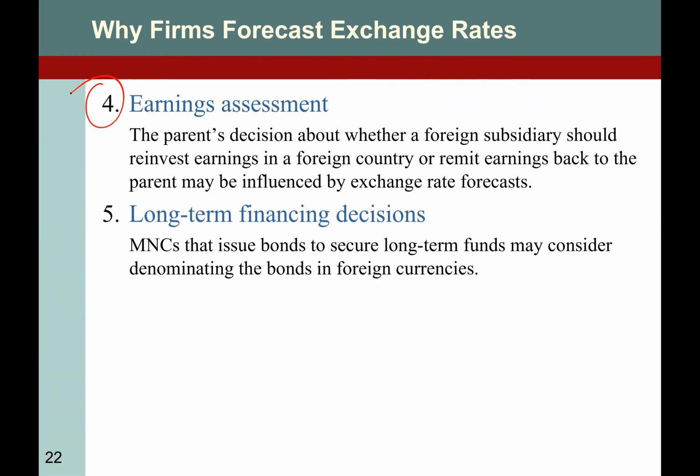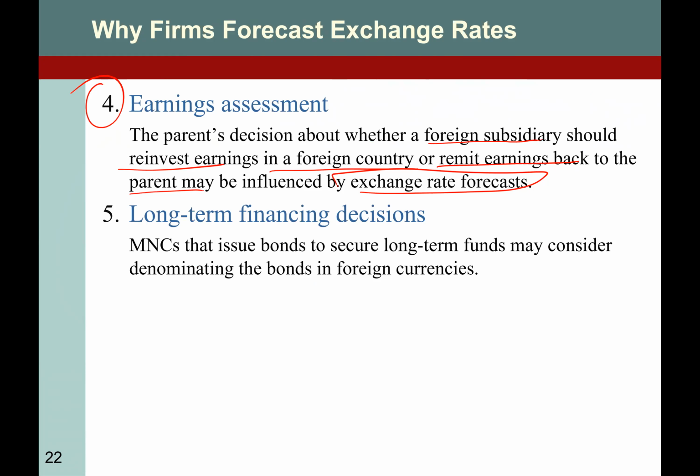Fourth, earnings assessments. I gave you the example that the parent's decisions about whether the foreign subsidiary should reinvest earnings in the foreign country or remit its earnings back to its parent may be influenced by exchange rates. If exchange rates are not favorable, it's better to keep those earnings in the countries where subsidiaries are established, keep their currency over there.